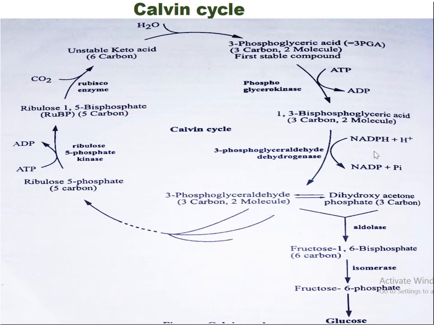And here the dehydrogenation, that means hydrogen removal, takes place. That's why the enzyme is the dehydrogenase. And this NADPH2 then becomes NADP.